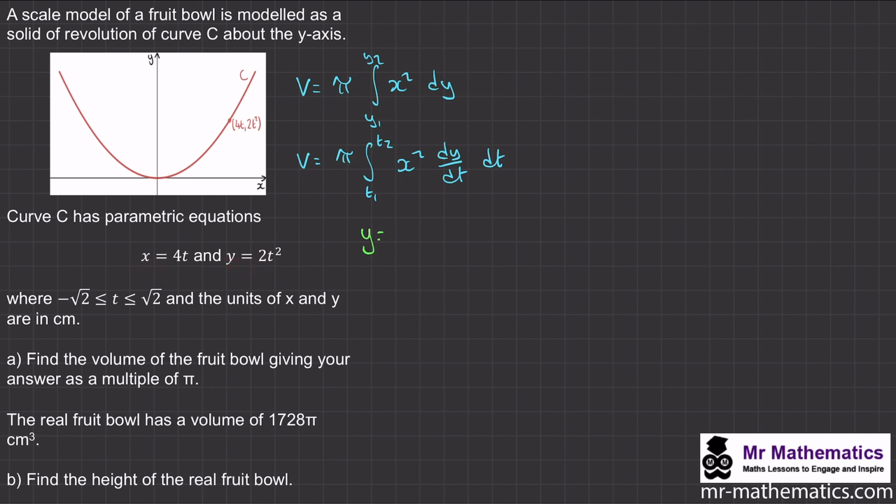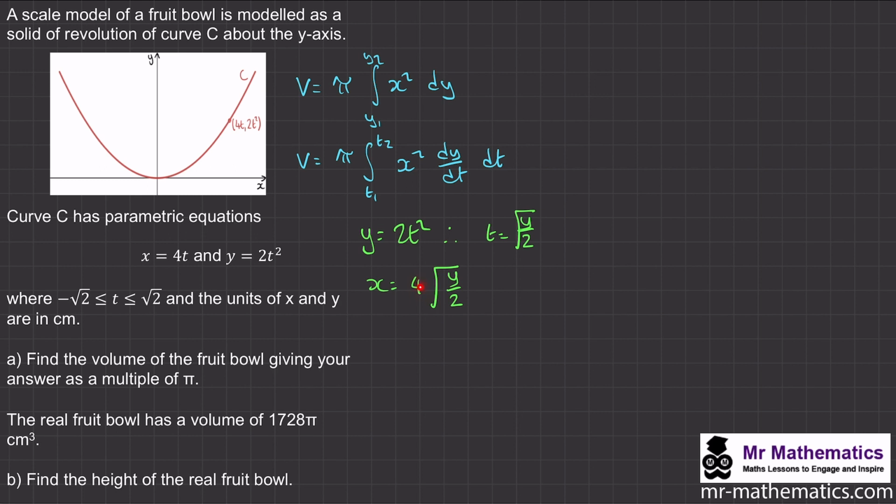So we're given that y is equal to 2t squared, so therefore t will equal, we'll move this over to here and then we'll take the square root, so t will be y over 2 square rooted, and then we'll substitute this t into this t to work out x. So we have x will equal 4 lots of t, which is the square root of y over 2.